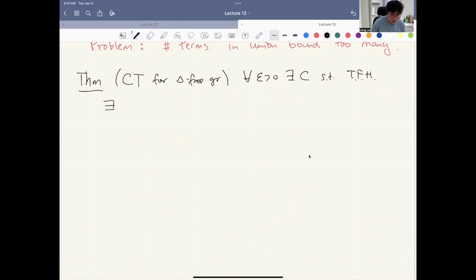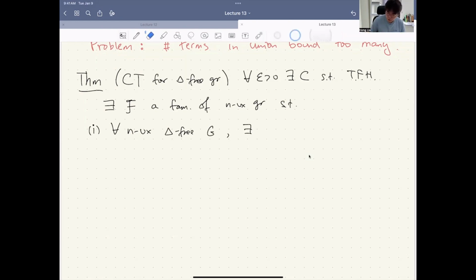There exists a family of containers F, a family of n-vertex graphs, such that for every n-vertex triangle-free G, there exists a container F such that G is a subgraph of F.